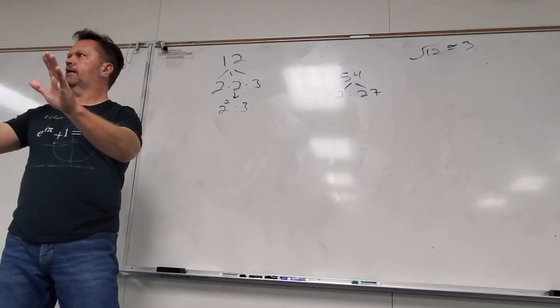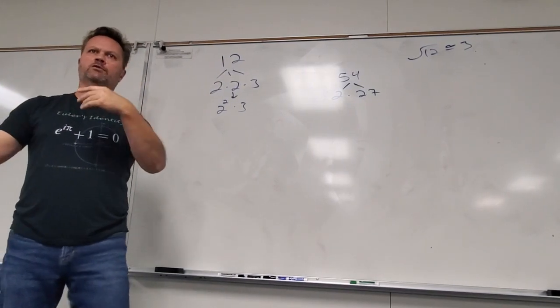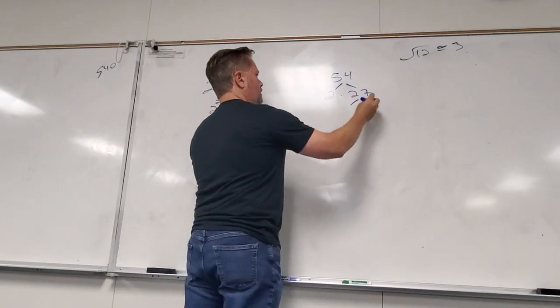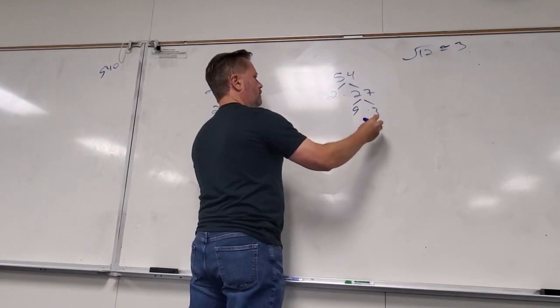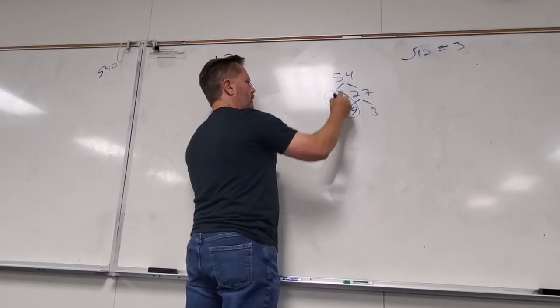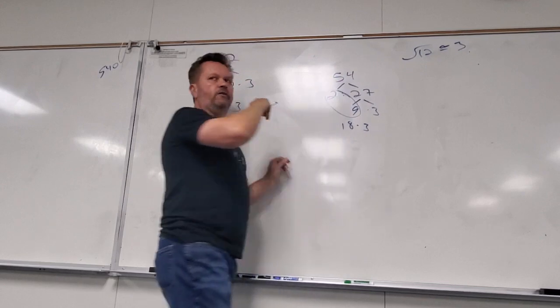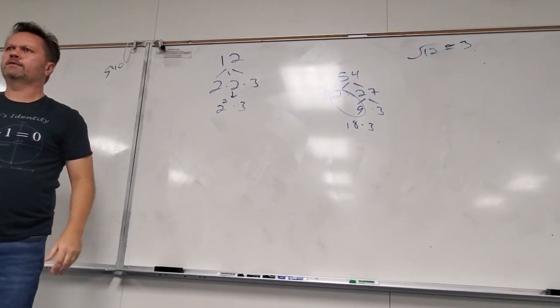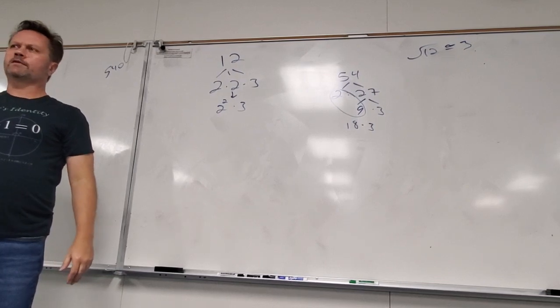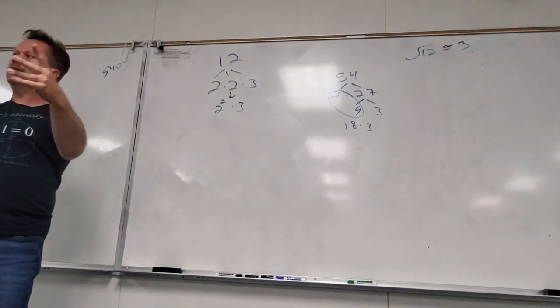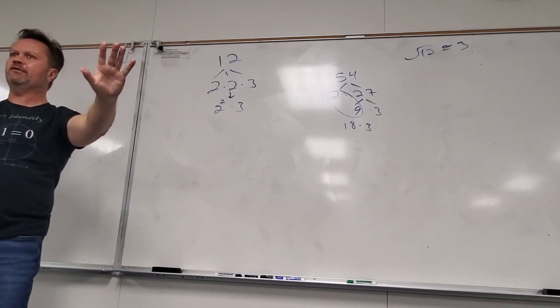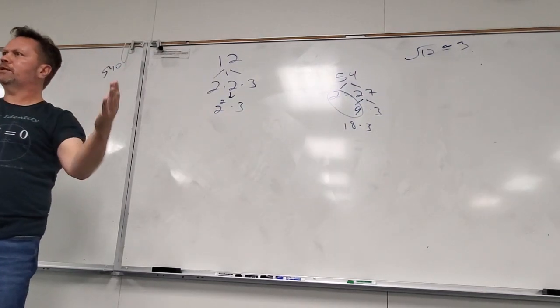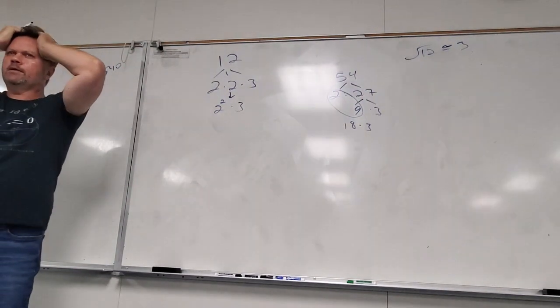It's even, so 2 goes into it, you get 27. And they go, okay, 27 is 9 times 3. Therefore, 18 times 3 is also 54. Do you guys see how I can reorganize the pieces? Does that make sense? Because as long as all those bits are in it, it still makes 54. I don't care which bits go with which other bits on the way there. Who cares? Does that make sense?